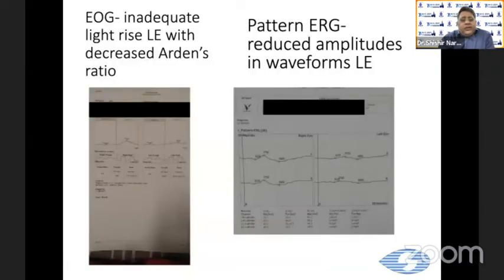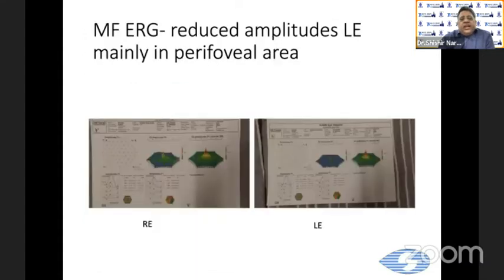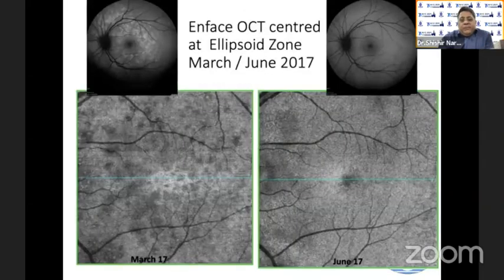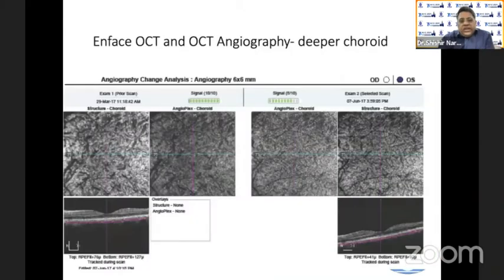Now, this is confirmed with the EOG and the pattern ERG, as well as the multifocal ERG showing that there is a decrease in the perifoveal response. But when you do the OCTA, you find that at the level of the choriocapillaris, as well as in the deeper choroid, there is no change. So in MUDES, there is no microcirculatory change.